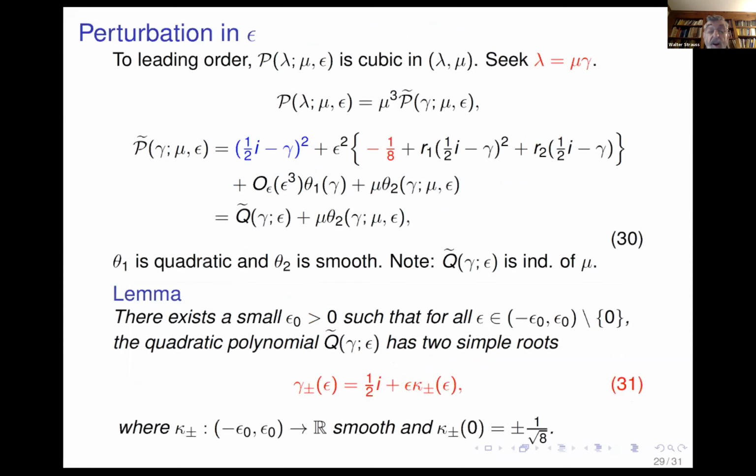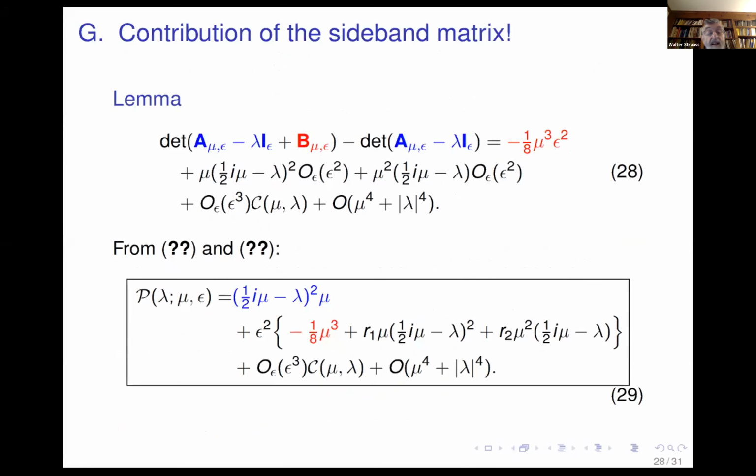So now here in the box I have the thing we want to find the root lambda of. And notice that in all the main terms on the right hand side, mu appears cubed or lambda appears cubed, or in the pair mu lambda, it's cubed.